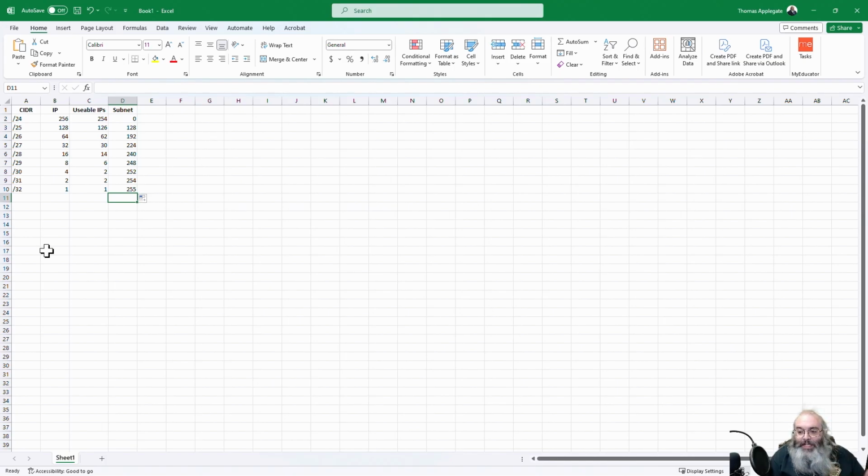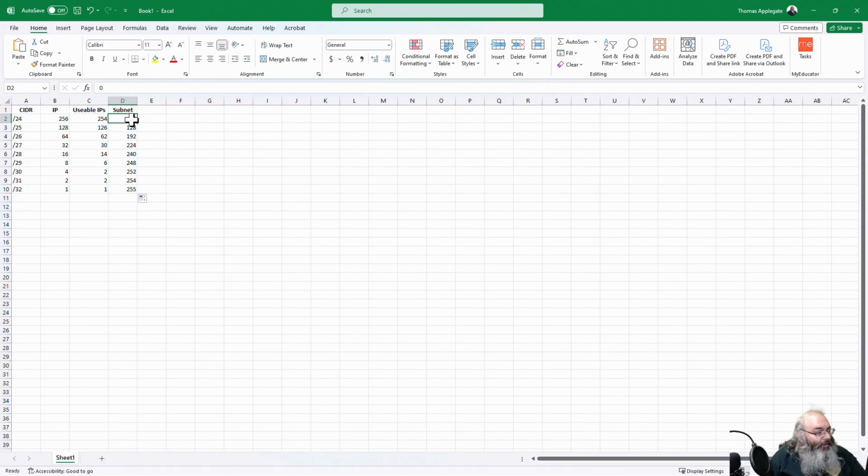I didn't go crazy memorizing all these formulas or anything. I just went down the list. /24 to /32, from 256 IP addresses down to 1. Cutting it in half for each CIDR, and then I subtracted 2 to get my usable IPs, and then I started at 0 on the subnet for the /24, and then I added the IPs for each CIDR.